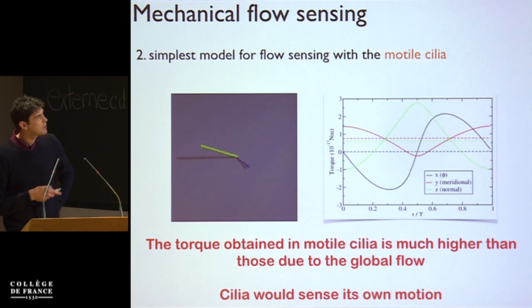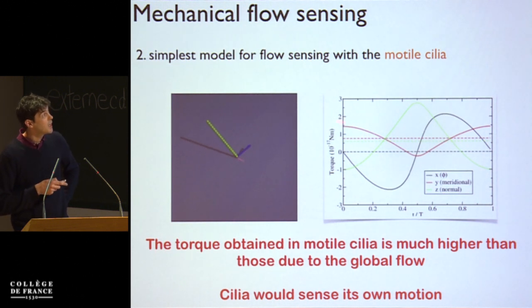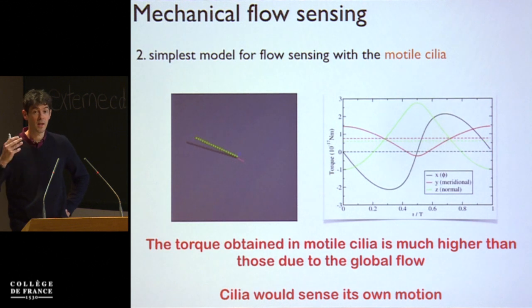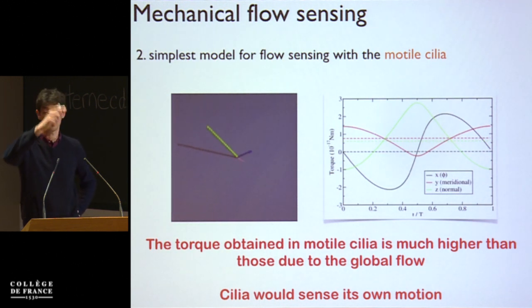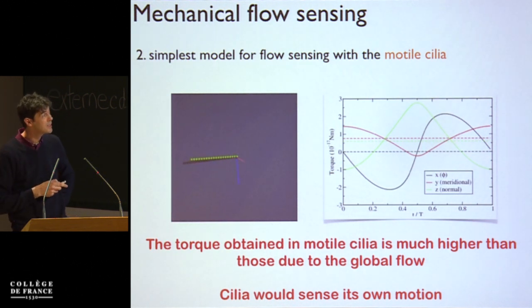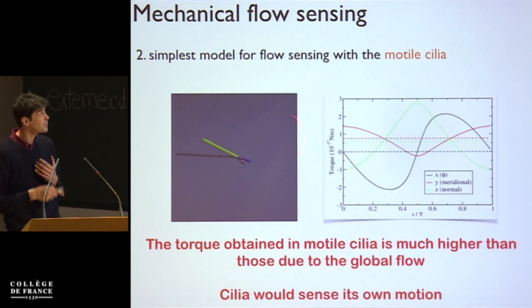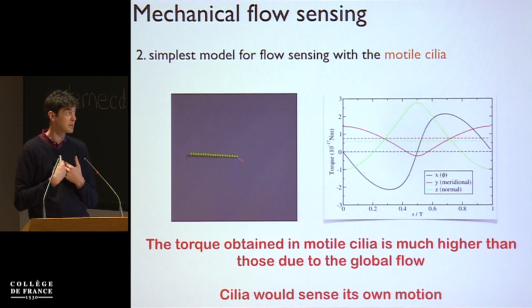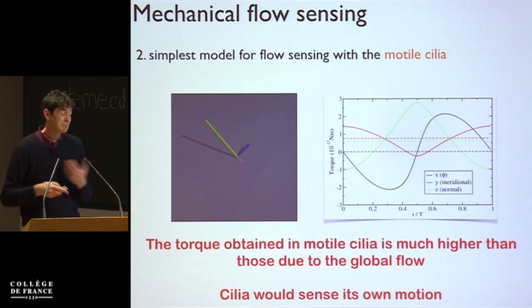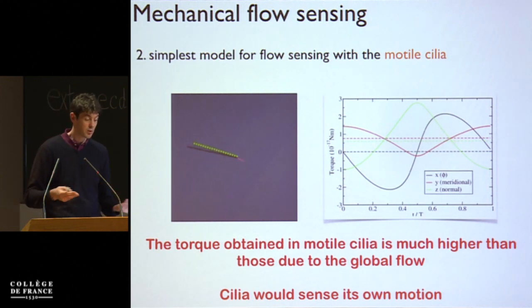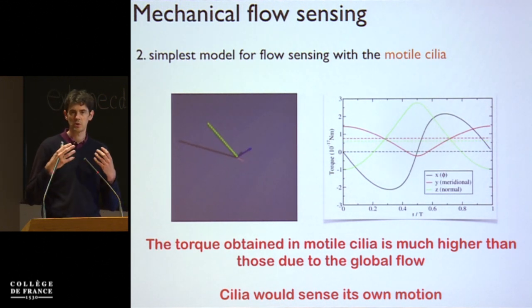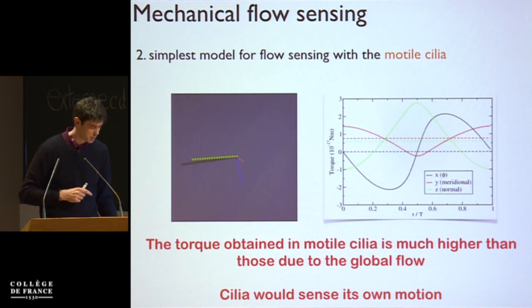He could measure the torque, so the deformation of the cilium, and the flow, and he could say that the force generated by the cilium itself is much higher than the force of the global flow surrounding it. So by beating, the cilium itself won't be able to sense the global flow. It will sense the flow that it's generating itself, which corresponds to this chaotic flow I showed you before.